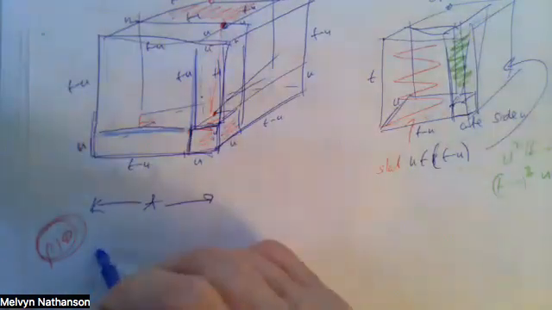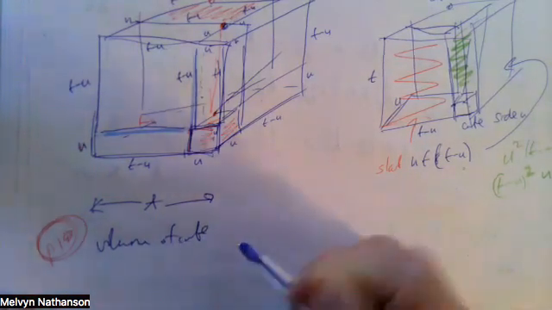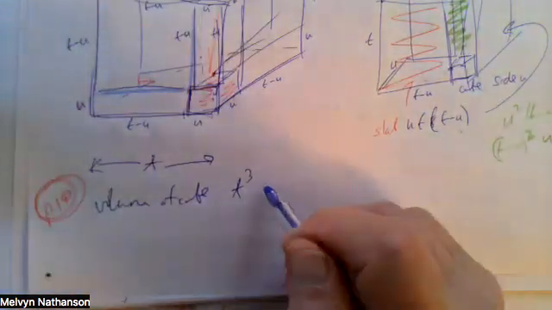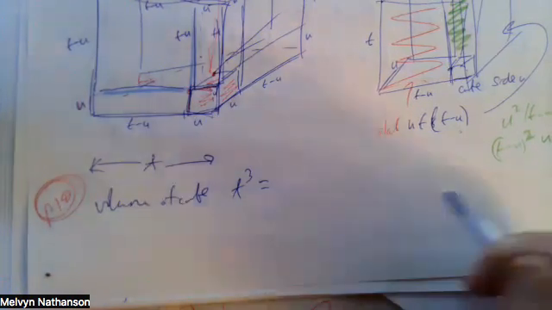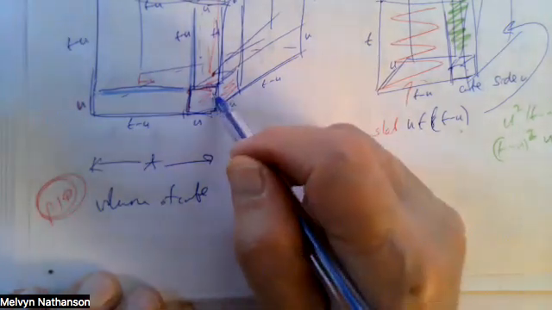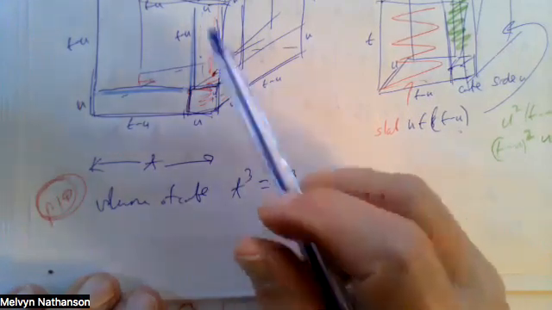You have the cube. The volume of the cube is t cubed, right? It's a cube whose side is t. But I've divided it up into 6 pieces. I have a small cube at the bottom whose volume is u cubed.